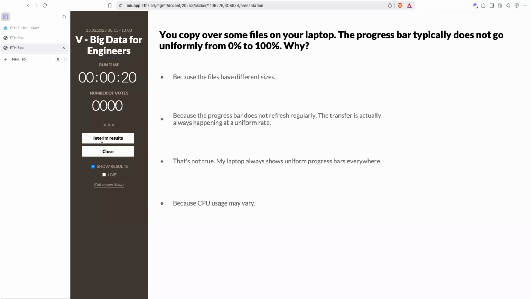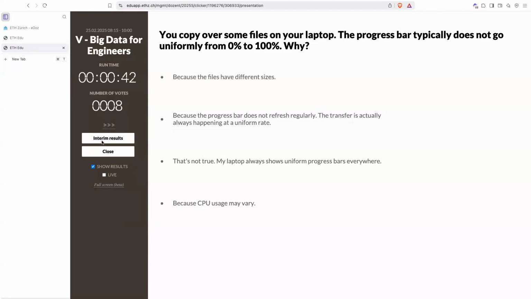Is it because the files have different sizes? Is it because it doesn't refresh regularly? It's actually happening at a uniform rate, so it's only something that has to do with the user interface? Or is it not true? Maybe you're lucky and the progress bars always go uniformly from 0 to 100 for you. Or is it because of the CPU?